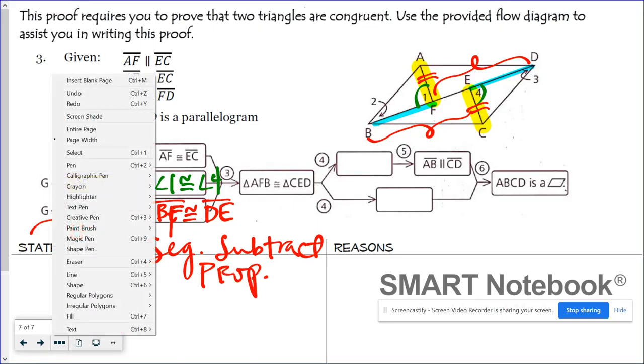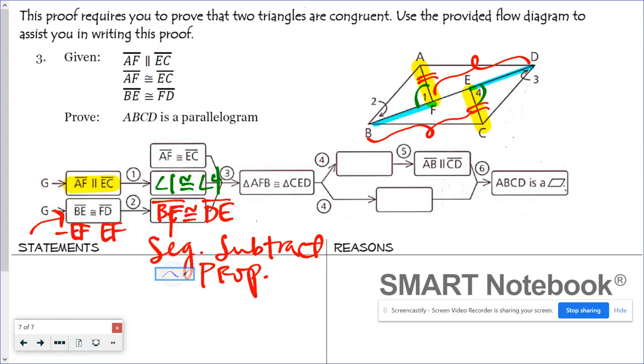So then I just proved that BF is congruent to DE. And that allows me to prove that those two triangles, AFB and CED, are congruent.